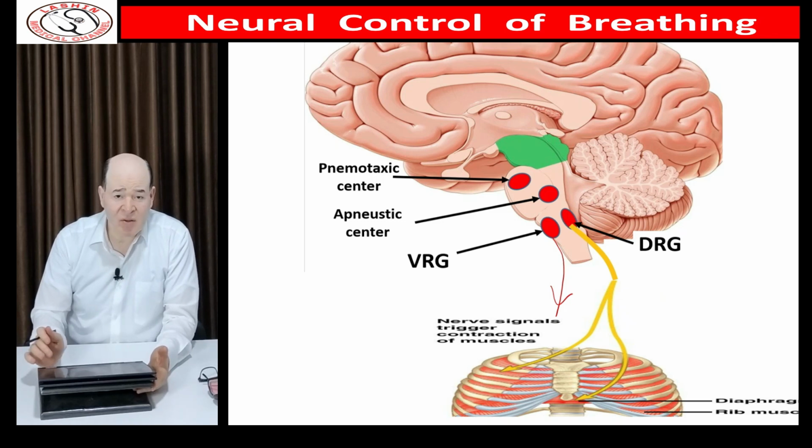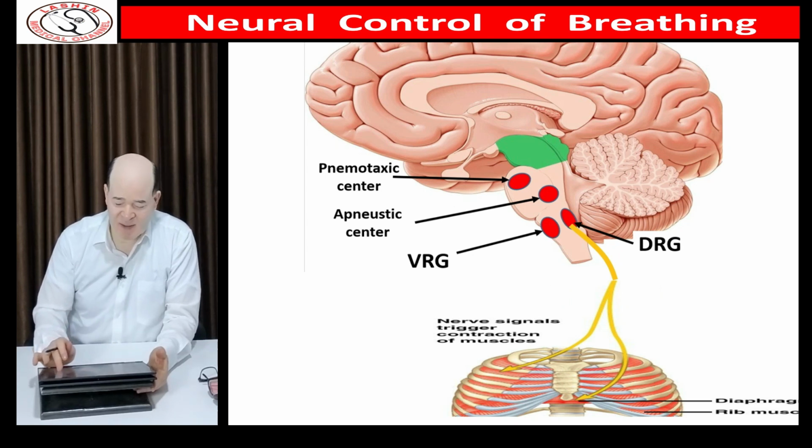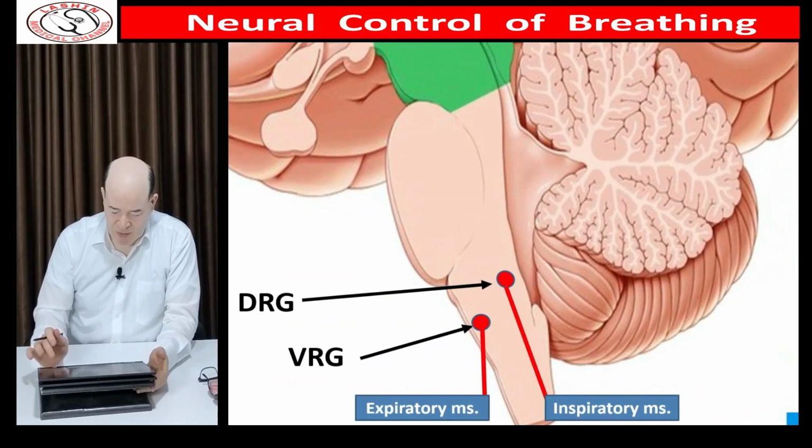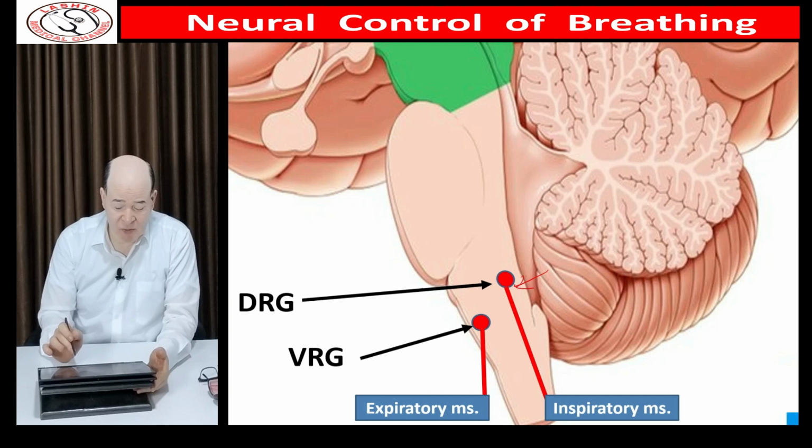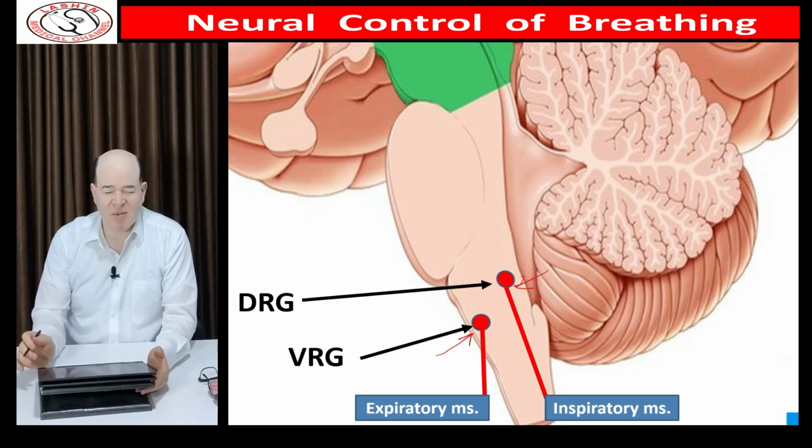So, what is connected with respiratory muscles are the medullary centers, mainly the dorsal respiratory group, and they are regulated by the pontine centers. As we see here, this is the dorsal respiratory group and this is the ventral respiratory group.